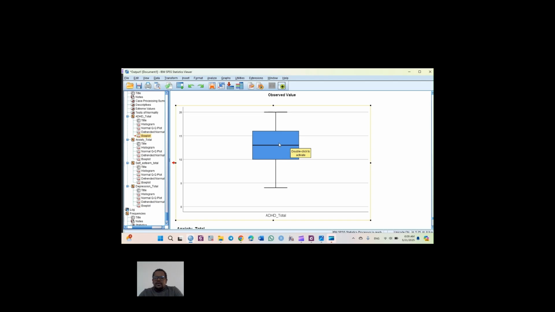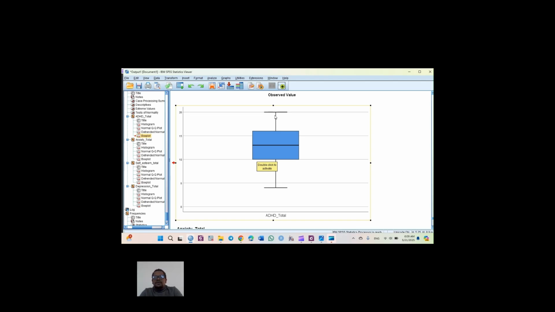When you are reporting the median, especially if the data is not normally distributed and you use non-parametric tests, you have to report the median with the 25th and 75th percentiles, or you have to report the interquartile range.